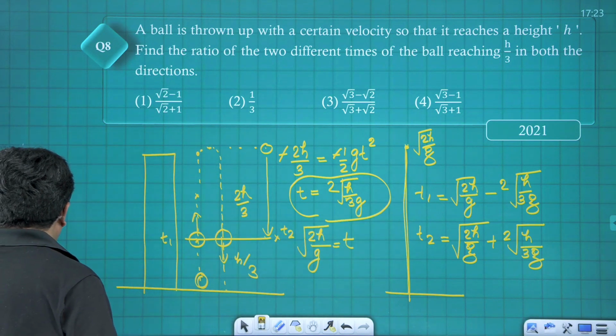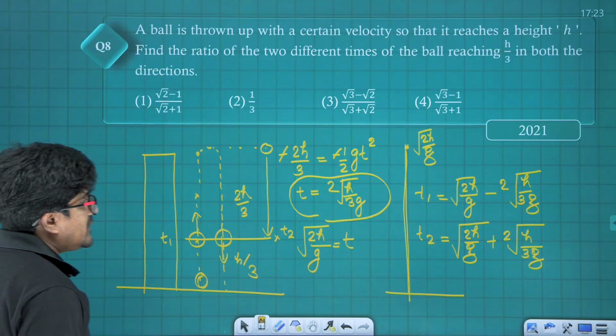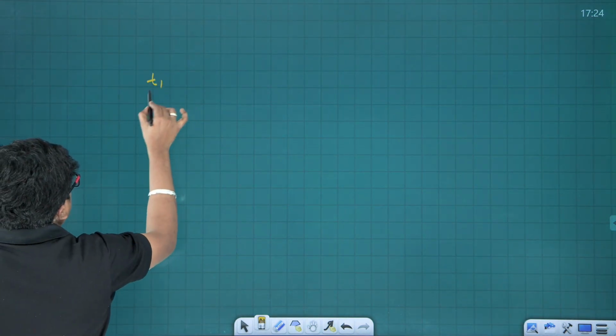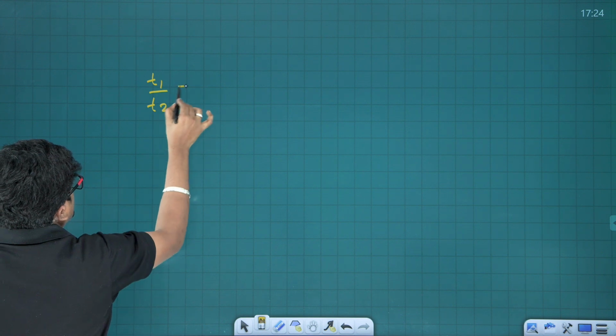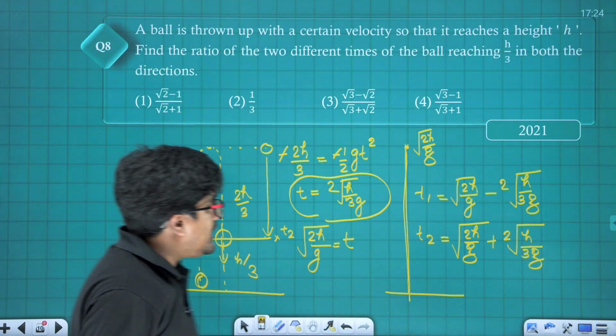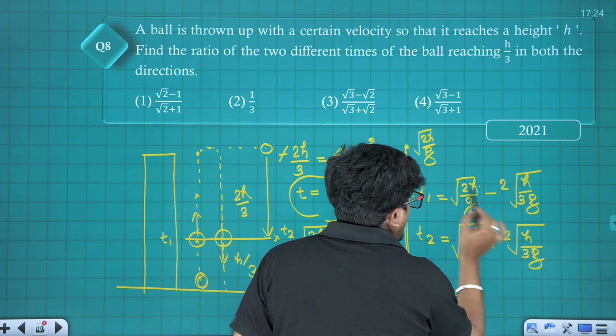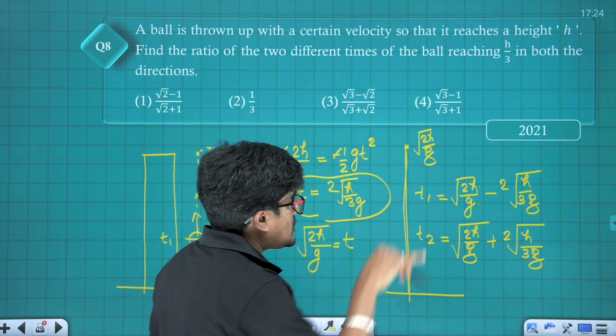Now, of course, we need the ratio of these two. So, it's going to be t1 divided by t2. If I am taking t1 by t2, in all the cases, root of h by g is common. So, that is going to get cancelled.